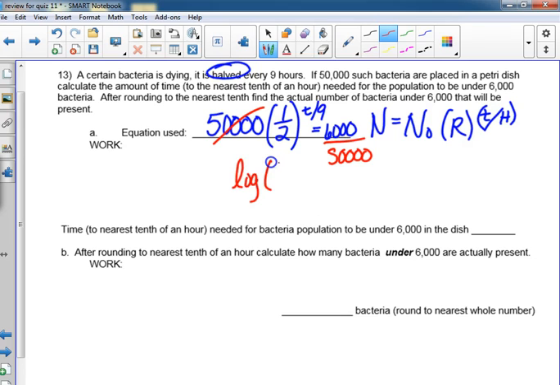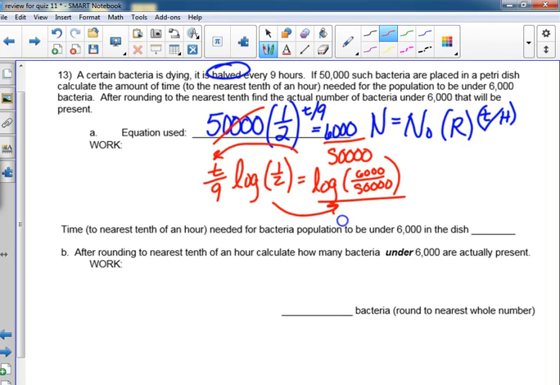Take some kind of log of both sides, whatever you want. And then we're going to divide by the log of a half, right? And after that, we're going to have to multiply by 9. Maybe I'll go ahead and type that in. This seems like it'd be a really easy one to miss some of your zeros when you're typing.